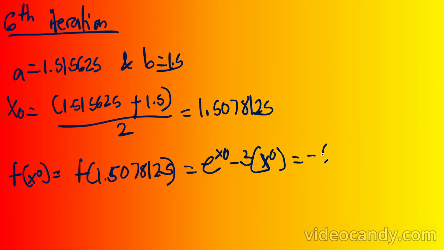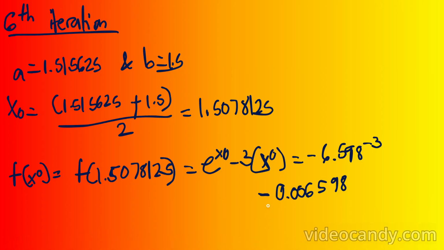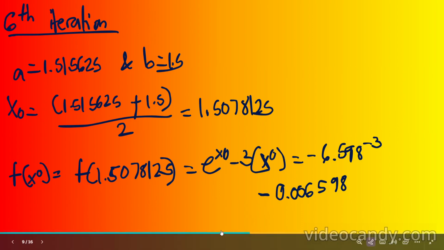So the answer is negative 6.598. Negative 3 root, so then 0.00. Okay, 0.006598. Negative. If the number became negative.